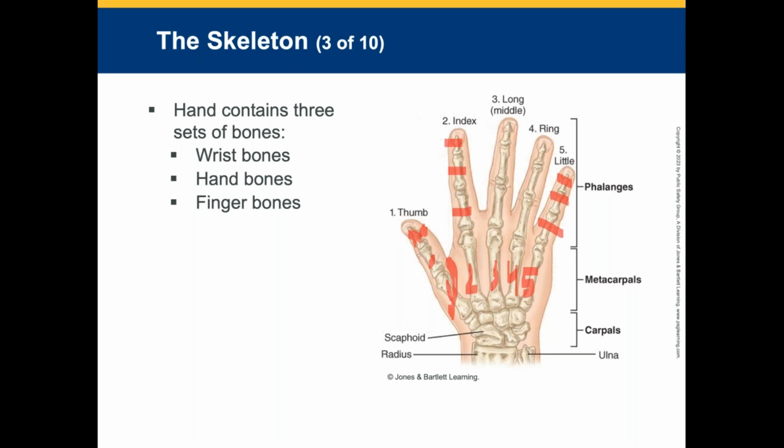Remember the joint in the hand? Something you put on a horse. Saddle joint? Saddle joint, exactly. So you only have two saddle joints in the body, and that's each side of the thumb. So the saddle joint kind of sits in here.